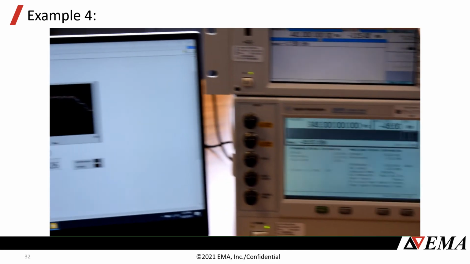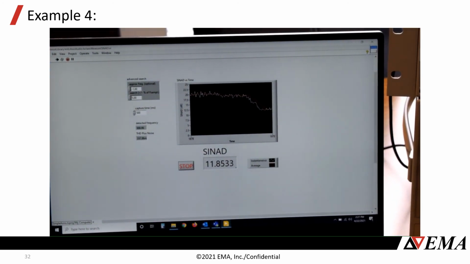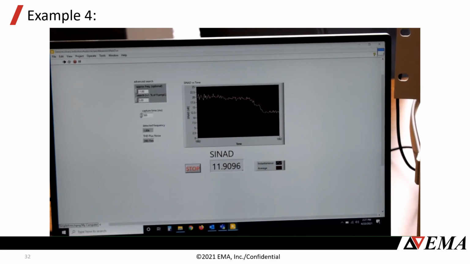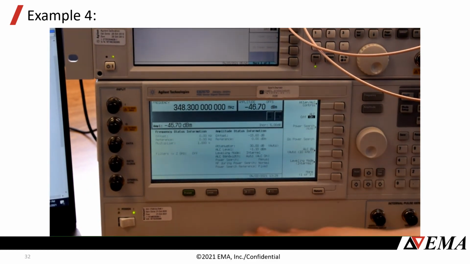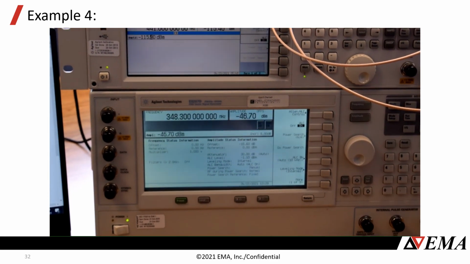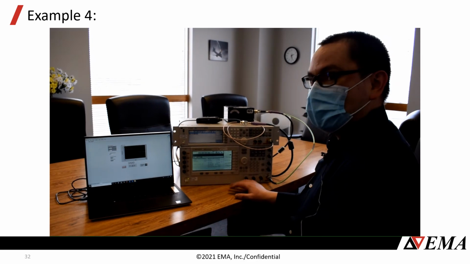It's right around here, around 12 dB SINAD. So we're measuring about minus 46.7 out of the interfering signal generator. In the previous measurement, we measured minus 47.4. So within a dB of the previous value.